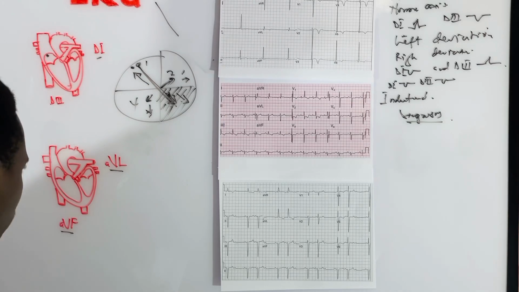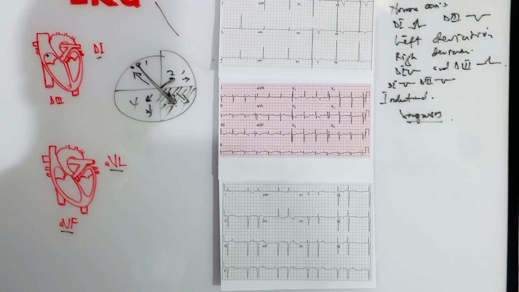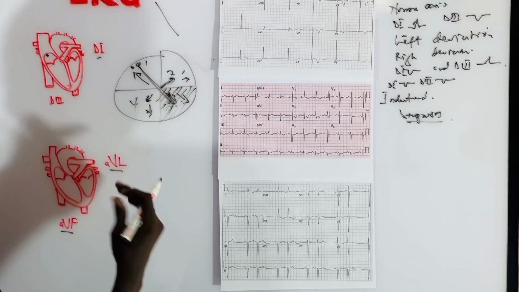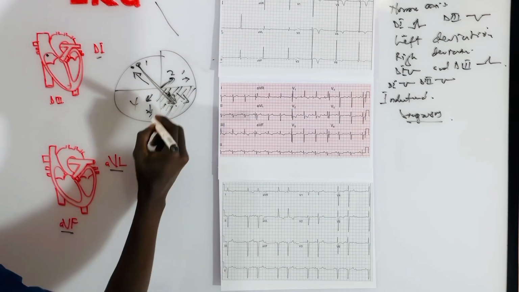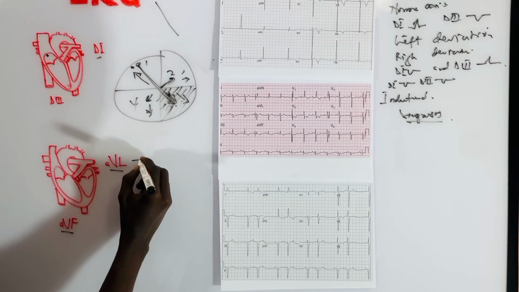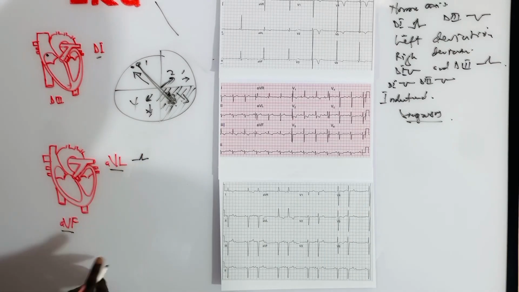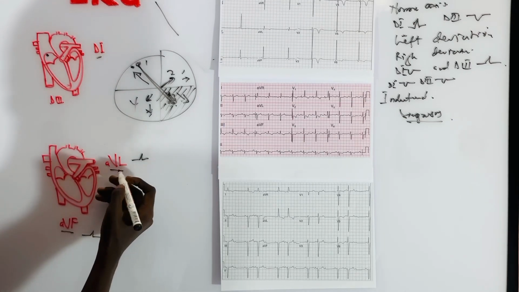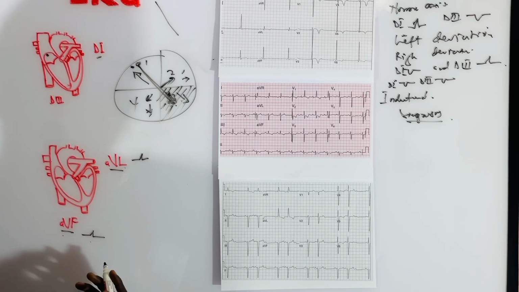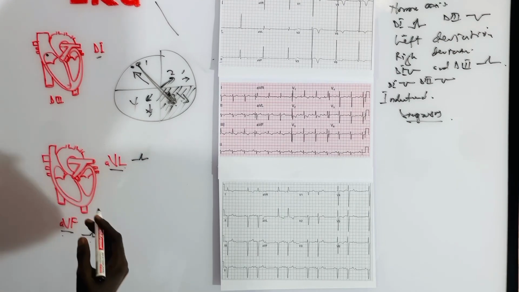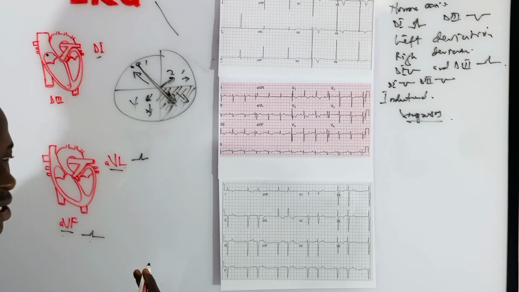Now let's look at something over here. For the position of the heart, we talk of when this one is positive and this one is also positive. When you have a positive reading in AVL and a positive reading in AVF, that means the heart is intermediate, which is a normal one.